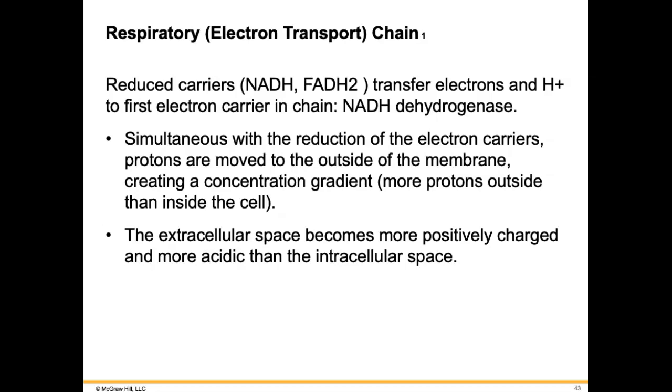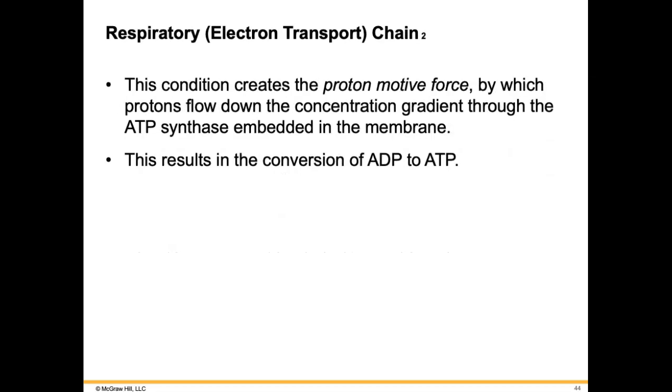The extracellular space becomes more positively charged and more acidic than the intracellular space. So basically what happens is as these things are passed along through the electron transport chain, it winds it up. And the result is converting ADP to ATP.